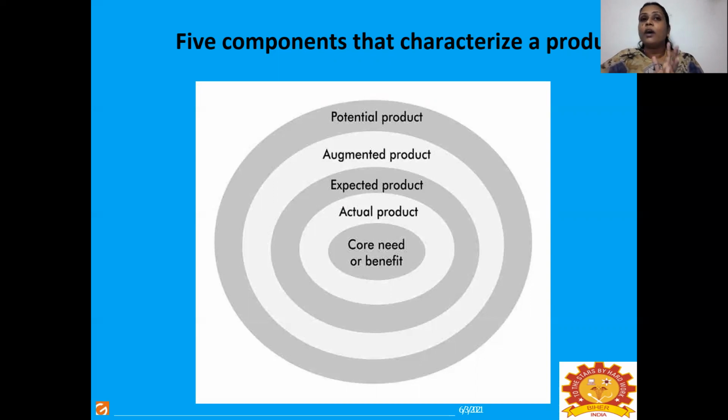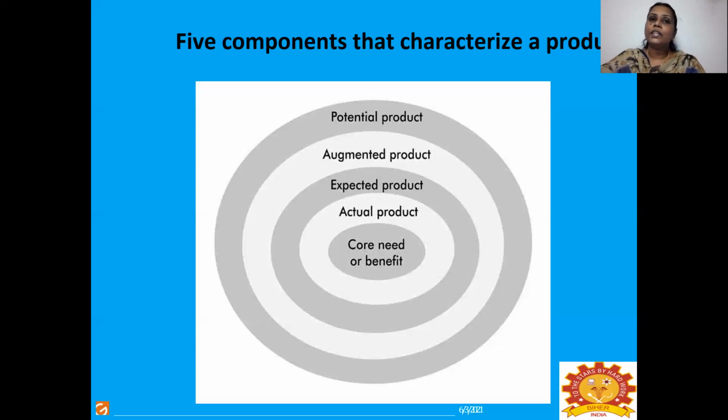Or you have to develop or fulfill resources for your accessorized product. Therefore, it is called the MVP, minimum viable product, a simple version of your actual product with enough features to satisfy the customers and to provide feedback for future improvements. It's called the actual product.